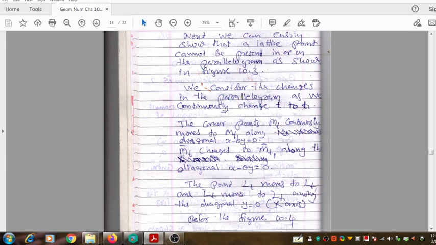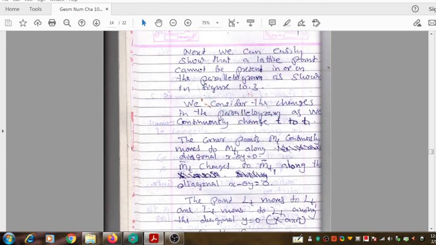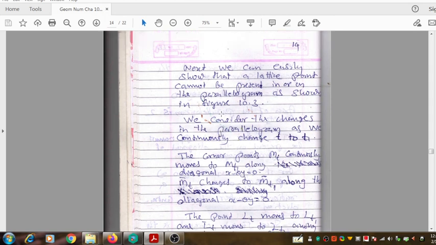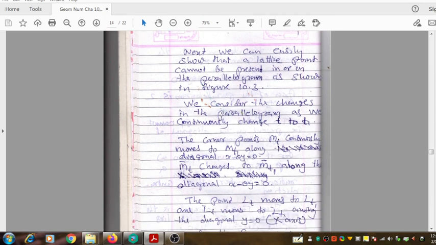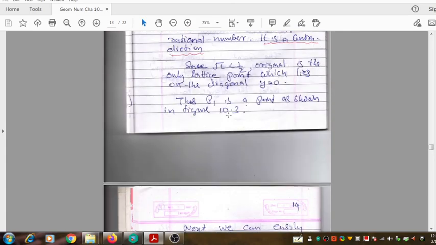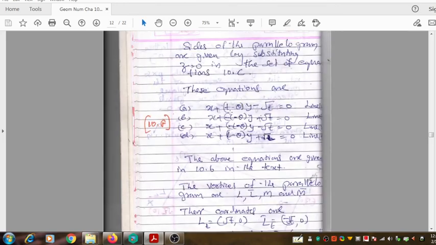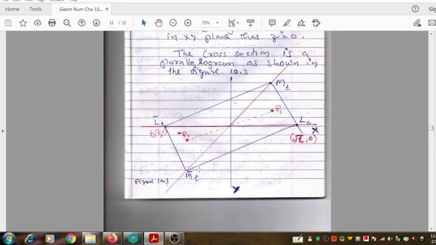is continuously taking place from T to T1. We consider that to establish a fact. What is that fact? We are going to establish that no lattice point can exist on the entire parallelogram.